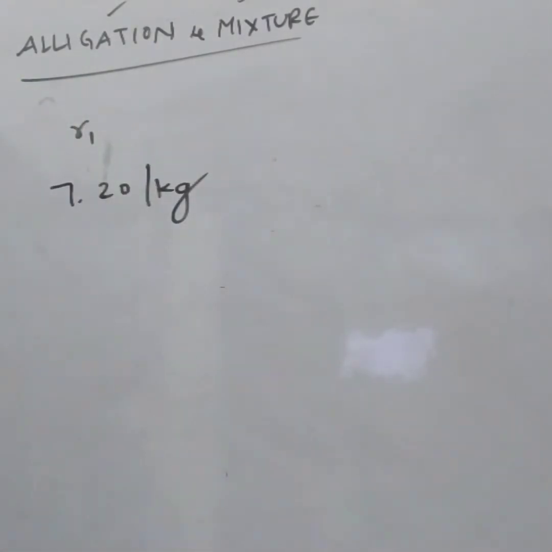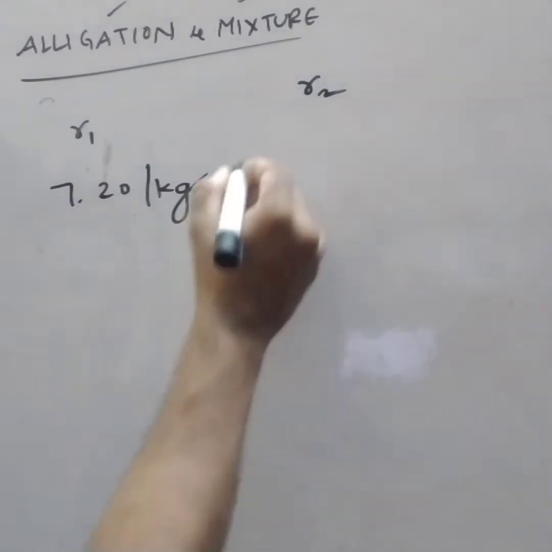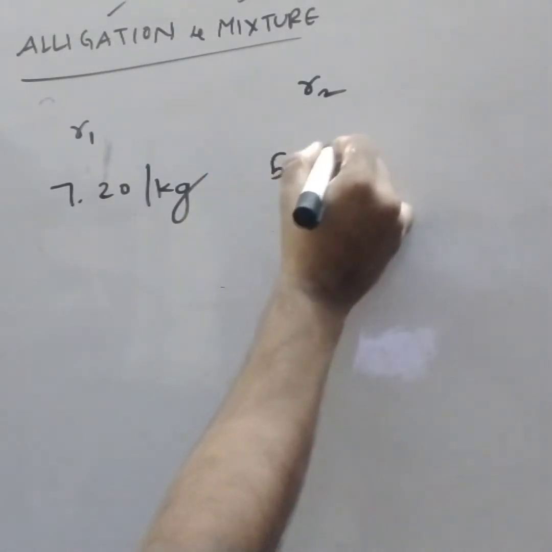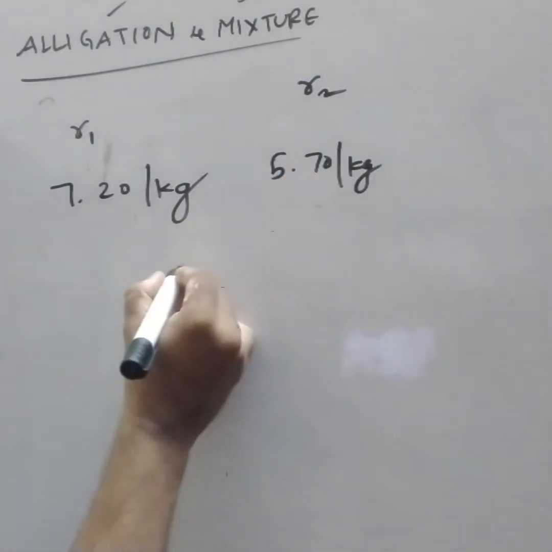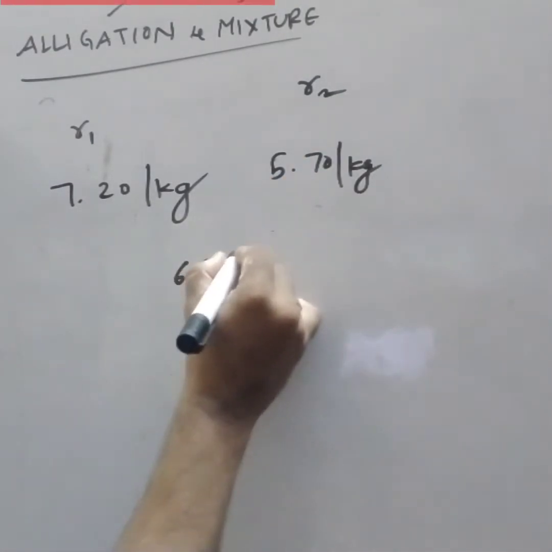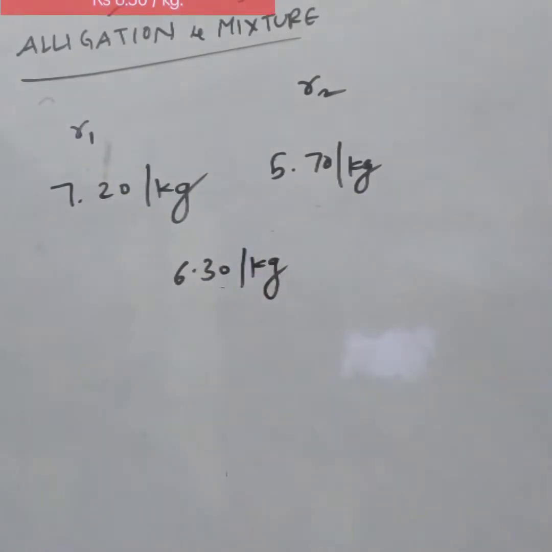Now we are not getting rice at all at this rate, but this is just for the sake of the question. In what ratio must rice at 7 rupees 20 paise be mixed with rice of second quality at 5 rupees 70 paise per kg, so that the mixture is sold at 6 rupees 30 paise per kg.